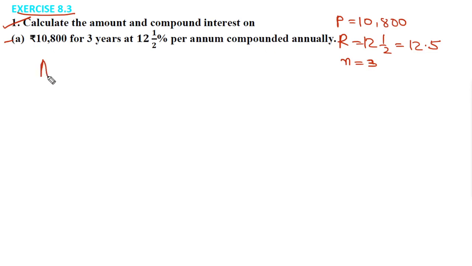So we know that A, or amount, is equal to P into 1 plus R by 100 to the power n.